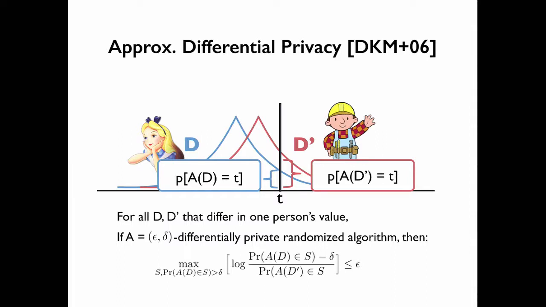Here you look over all subsets of outcomes with probability mass strictly greater than delta, and you look at the log of the ratio of the probability that A of D lies in that set minus delta, over the probability that A of D prime lies in that set, and this has to be less than or equal to epsilon. So this is the approximate differential privacy definition.